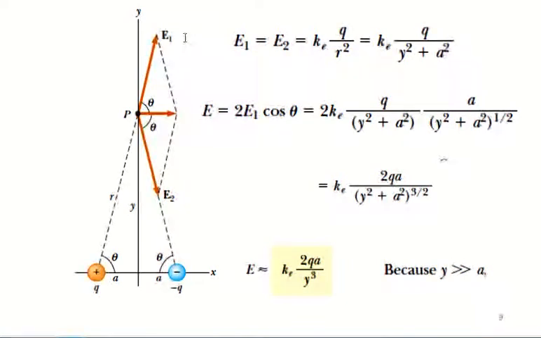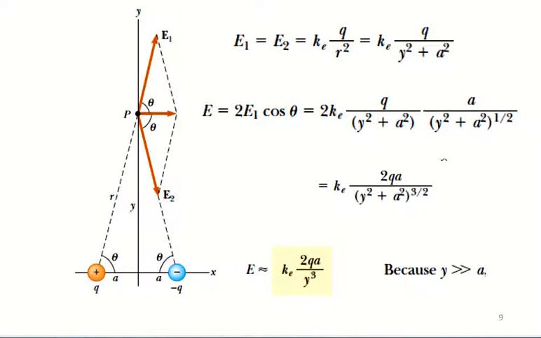So this field would have its component along the x-axis given by this vector, which I'm drawing with the blue one.